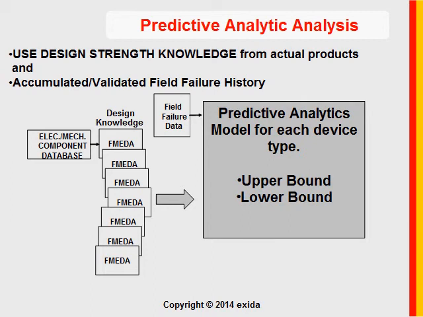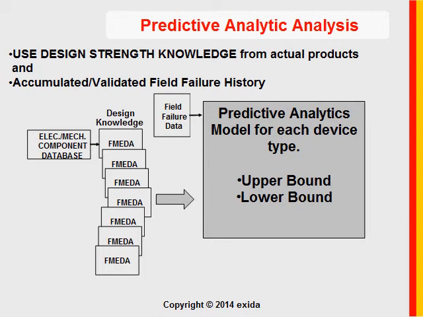So the concept is, given a consistent environmental stress operating profile, it's called, we can predict how the failure rate will vary as a function of the variations in design strength of the products.